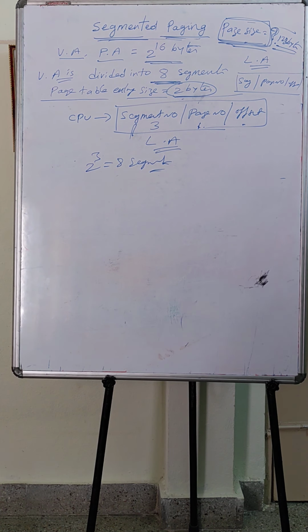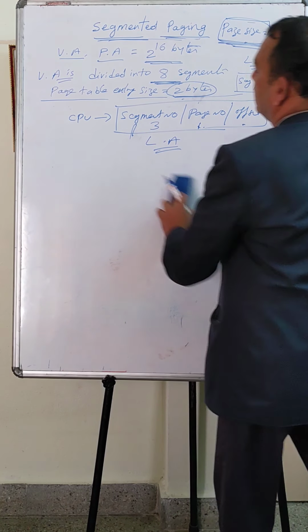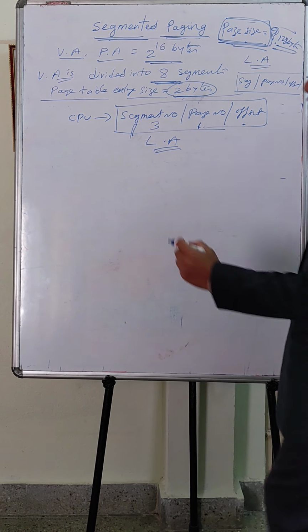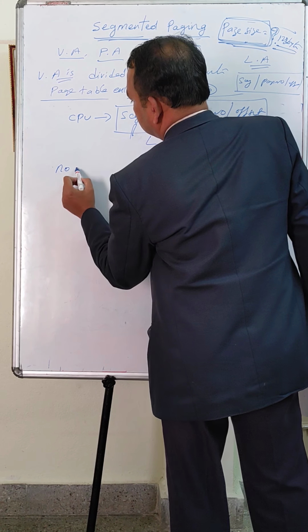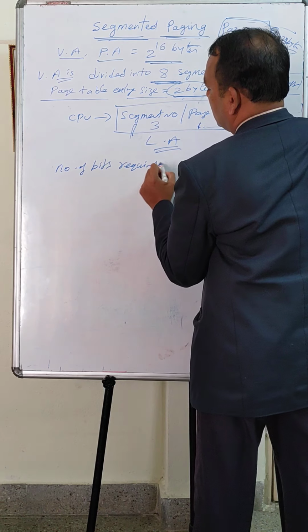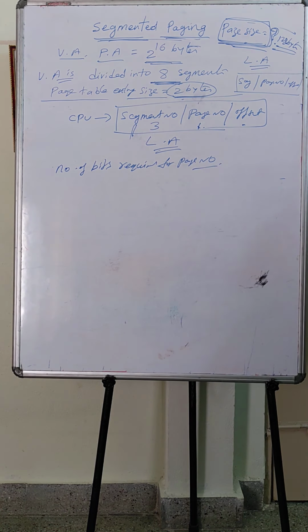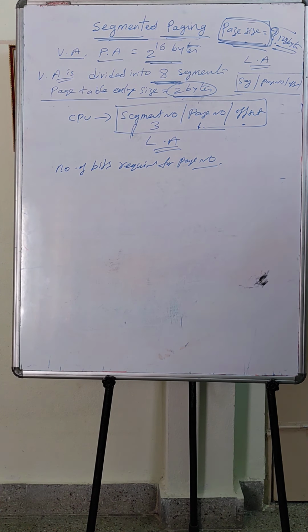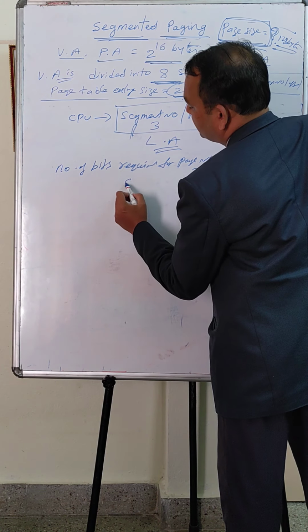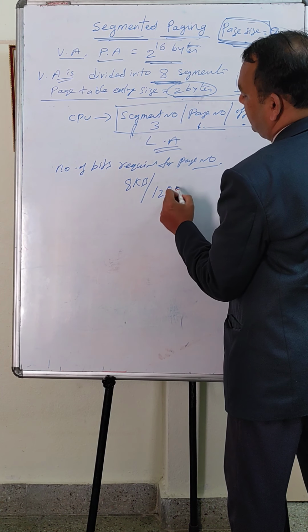Okay. Next, number of bits required for page number. This can be calculated, my dear friends. What is the segment size? Segment size is 8 KB and page size is 128 bytes.